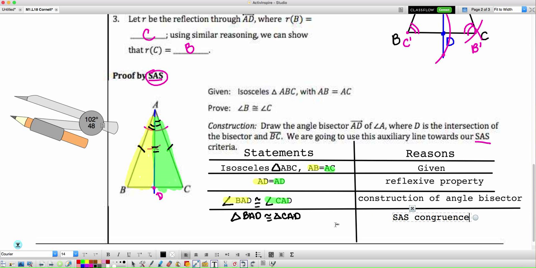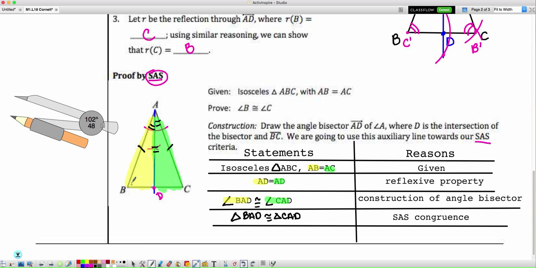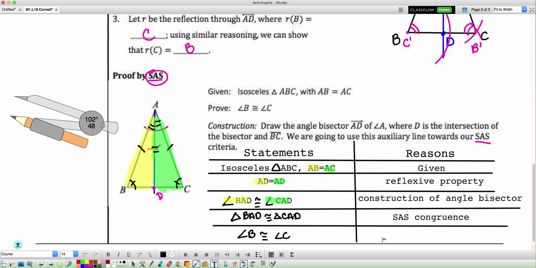But that's not really what I was trying to prove. I was trying to prove that B and C are equal. So now that I know that the triangles are congruent, that means every single part of the triangle is congruent. So that must mean that this angle B down here is congruent to this angle C. And my reason for that, hopefully you remember, I don't know because it's been a while, was CPCTC.